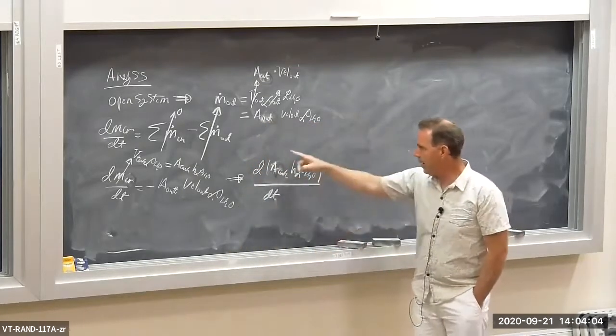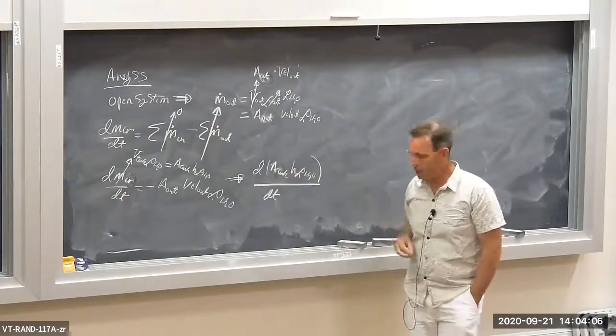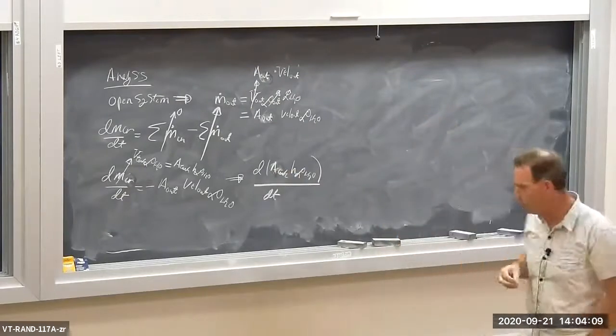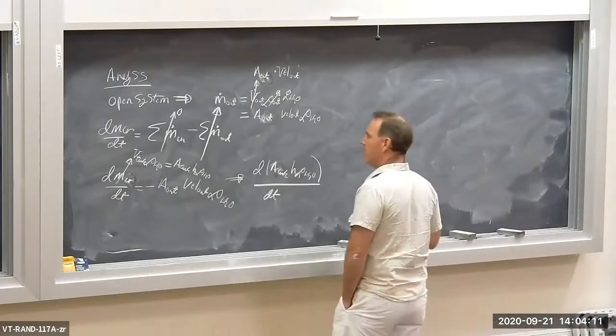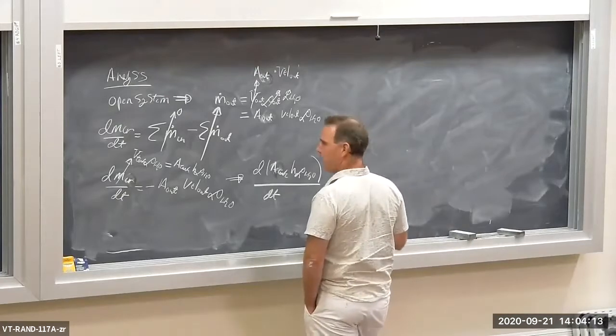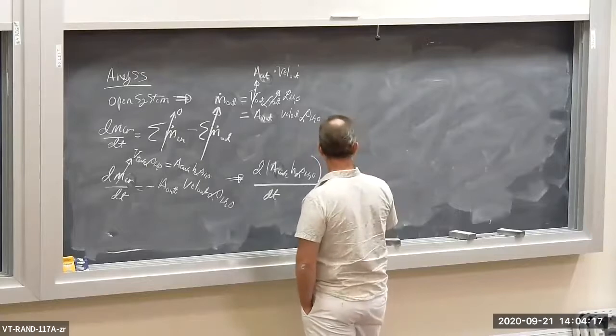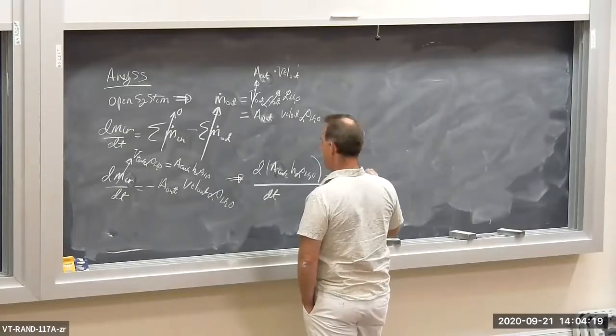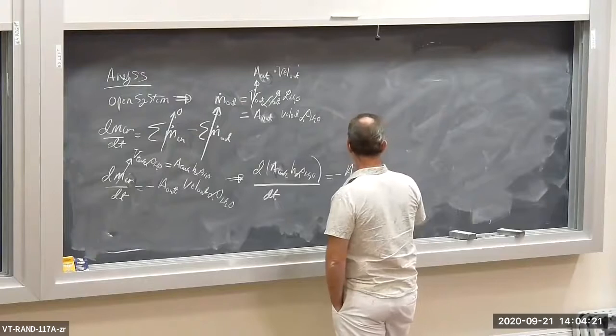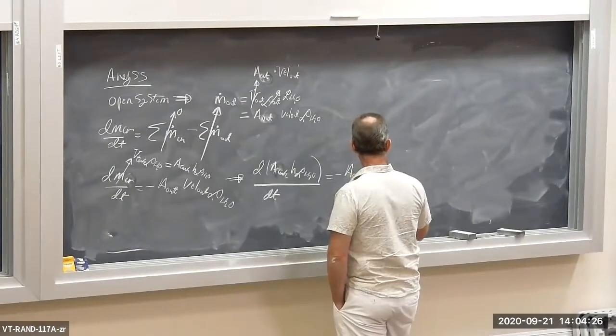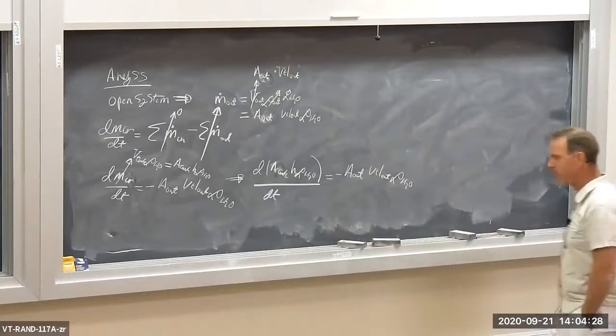This is the mass within my tank, area tank times H times density of the H2O. So d(A tank H rho H2O)/dt is equal to minus area of the outflow times the velocity of the outflow times the density of my H2O. Okay?